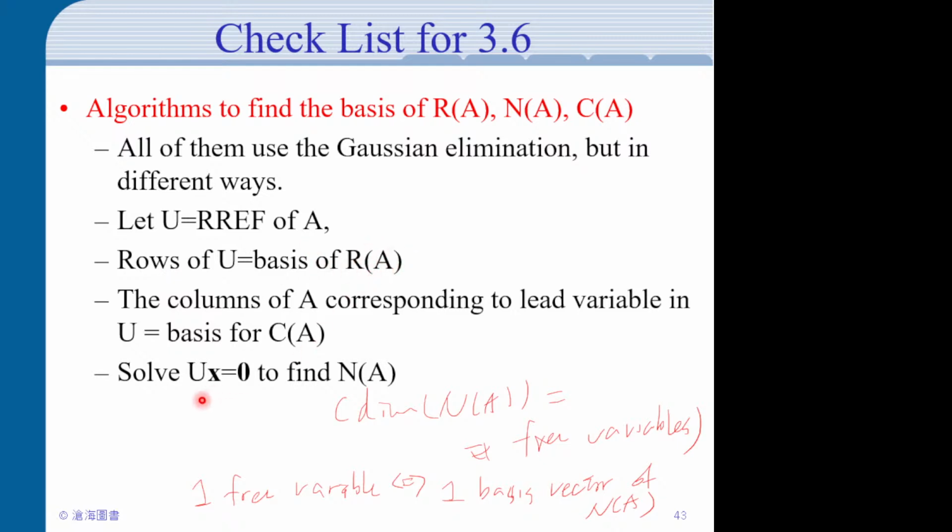And if you want a basis of the column space of A, then you need to look at the lead variables. The columns corresponding to the lead variables in this row of U will be the basis for C of A. And also, yeah, you can solve Ux equals 0 to find the basis for the null space of A. Okay.